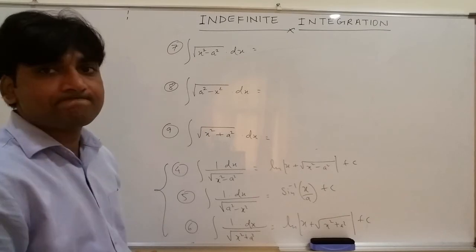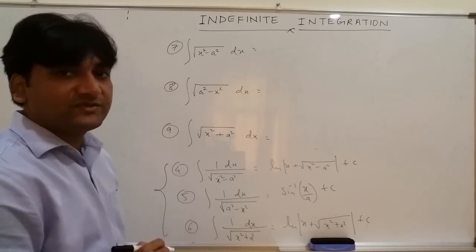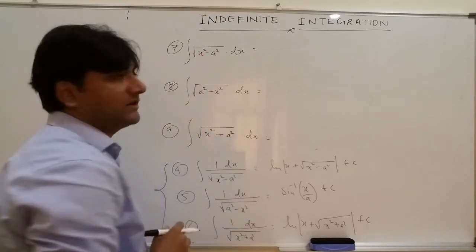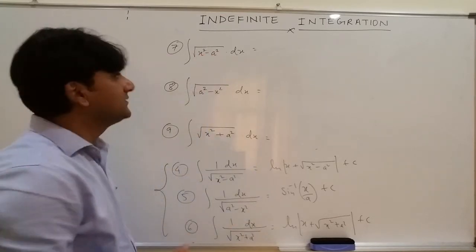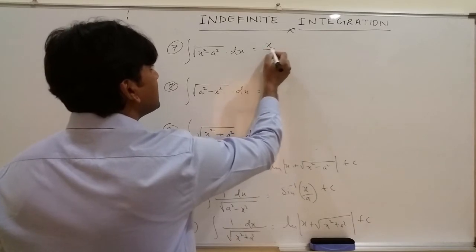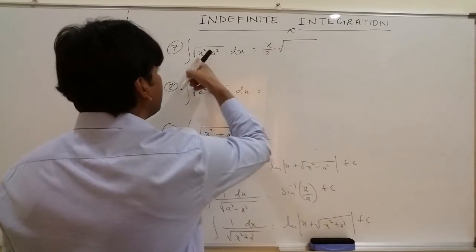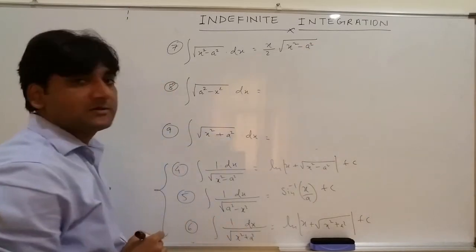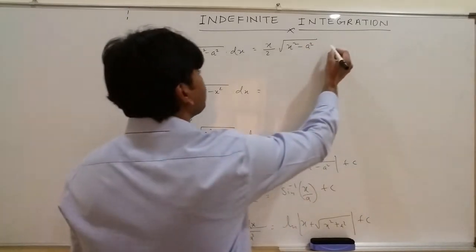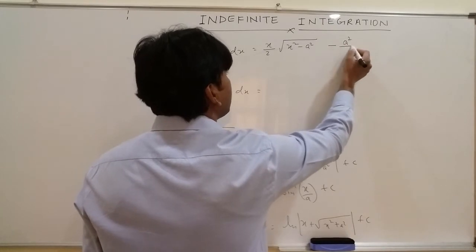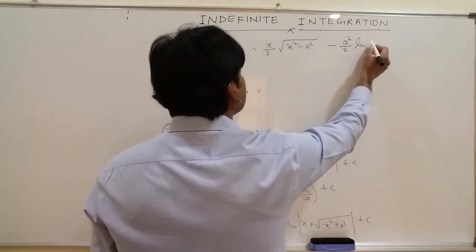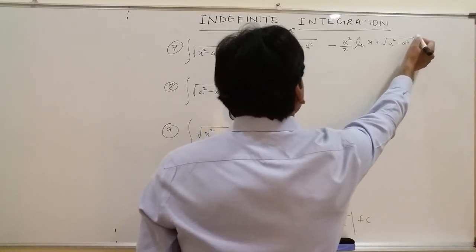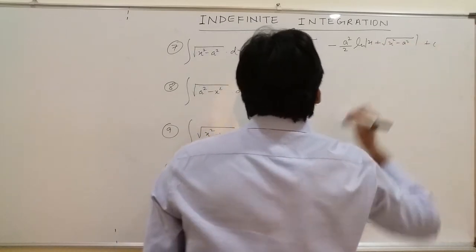Try to understand. This is very important. When we have root x square minus a square, then what is the answer? Answer is x over 2 root x square minus a square, then minus a square by 2 ln x plus root x square minus a square plus c.